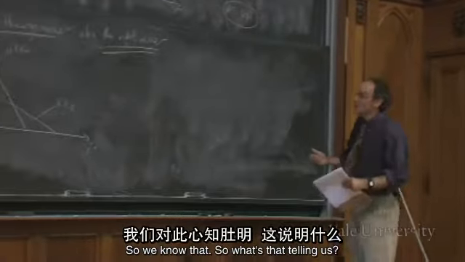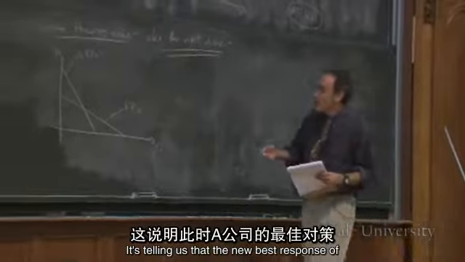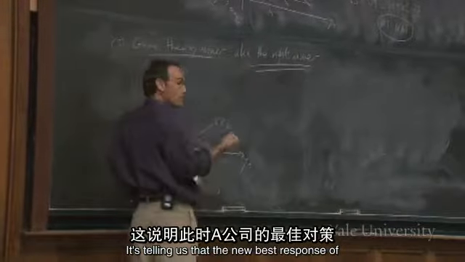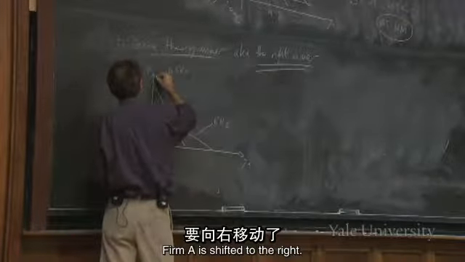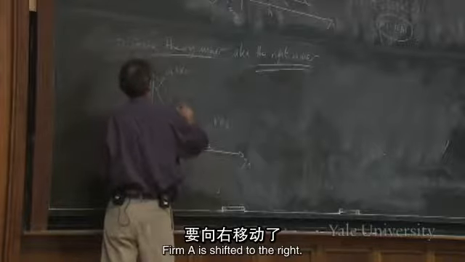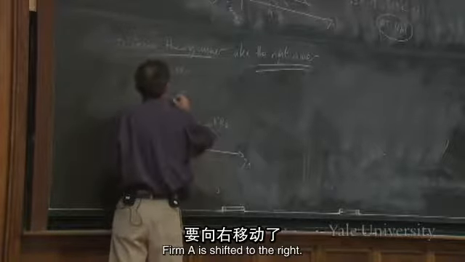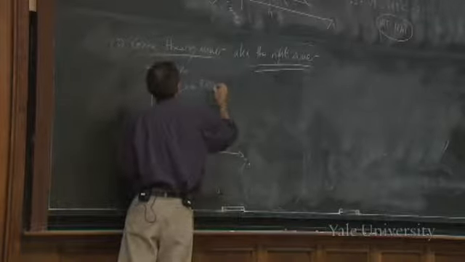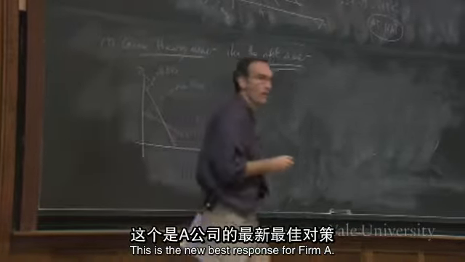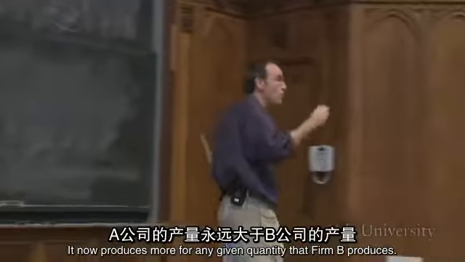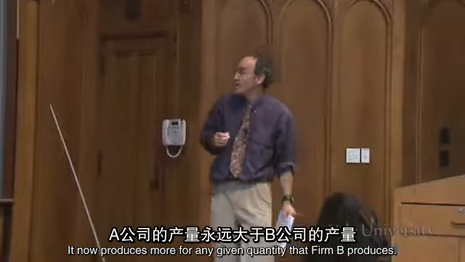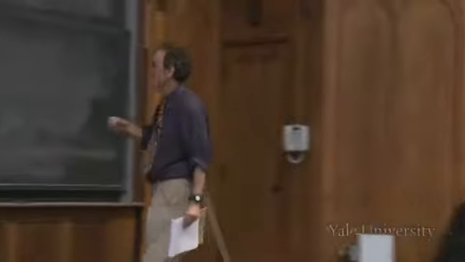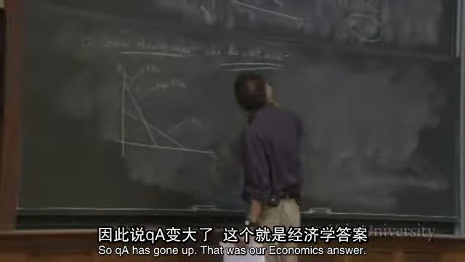So we know that. What's that telling us? It's telling us that the new best response of firm A is shifted to the right. This is the new best response of firm A. It shifts to the right. It now produces more for any given quantity that firm B produces. All right? So QA has gone up.